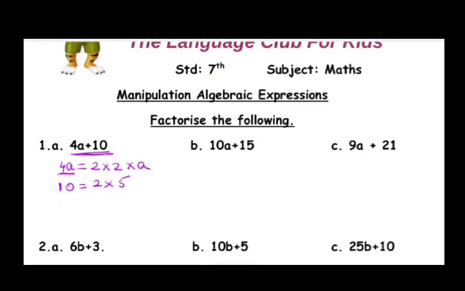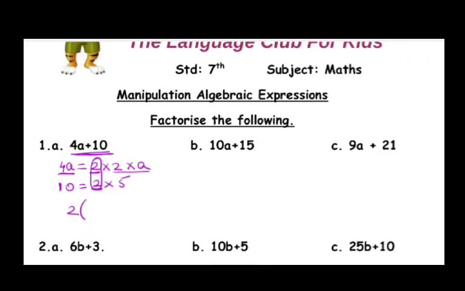Now let's pick out, or let's circle, the commonest one. So we see 2 here and another 2 here. So a set of 2 is common. We write it here, and we open the bracket.